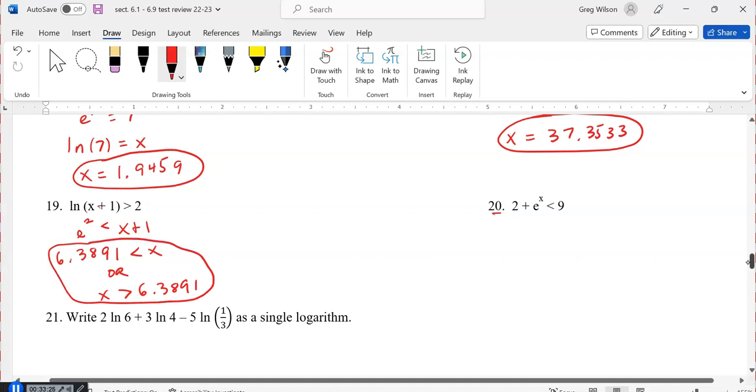All right, so number 20, I need to isolate e to the x, so I'm going to subtract 2, and then I'm going to turn this into a natural log. All right, so natural log 7, since the inequality is pointing at x, it still should be pointing at x.